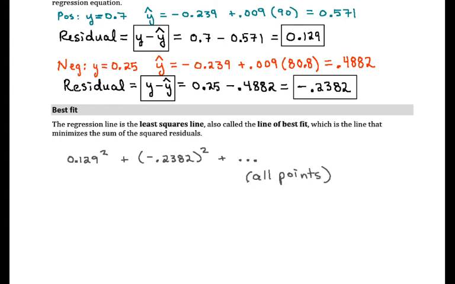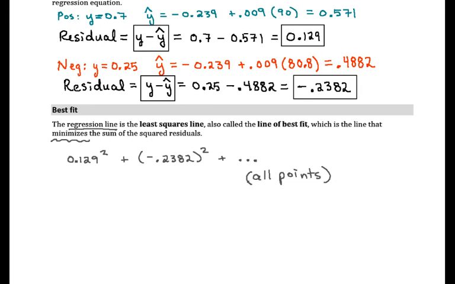And the best fit line, which is also the regression line, is the line that's going to give us the smallest possible value for the sum of the squares of the residuals. That's what it means to say it minimizes this. So if changing the line could give us a smaller value for the sum of the squared residuals, then we would change the line, right?